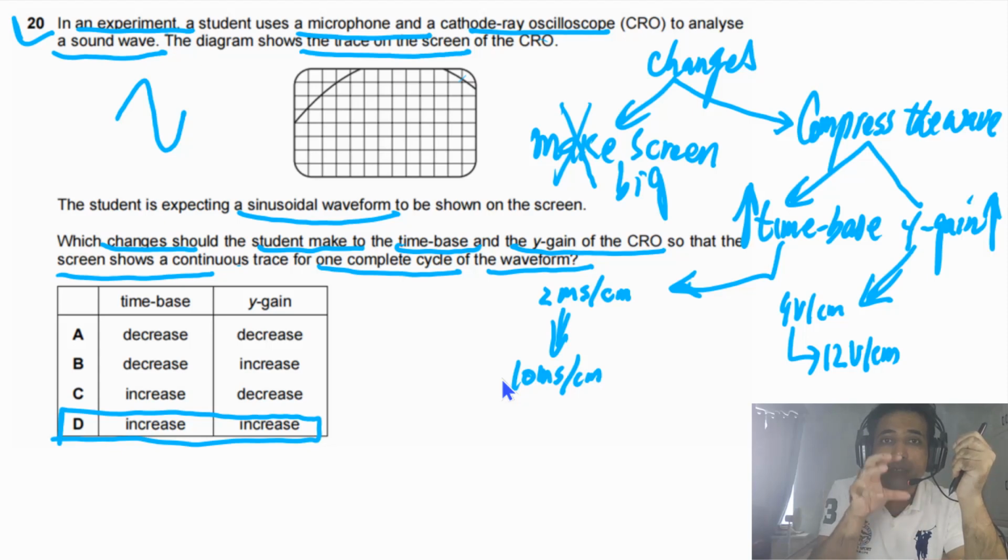So this question is about practical work, about the lab. This is just testing your practical skills. If we cannot see the wave on the CRO, what we used to do is simply increase the time base and also increase the Y gain. Then we can see the wave. Beautiful question, just testing your practical skills.